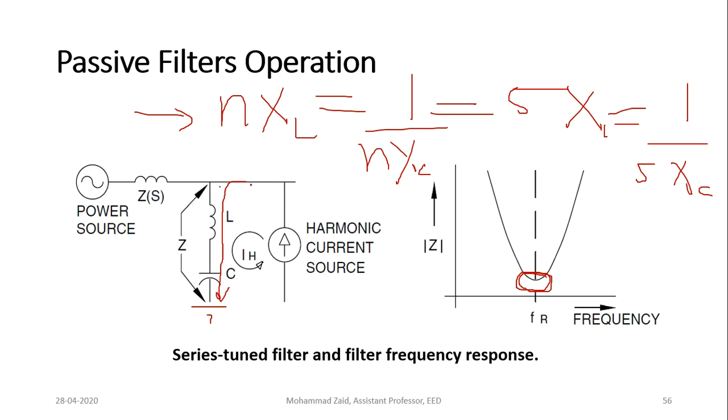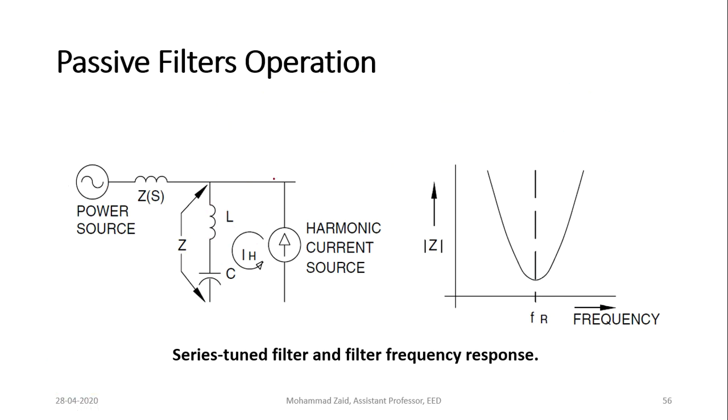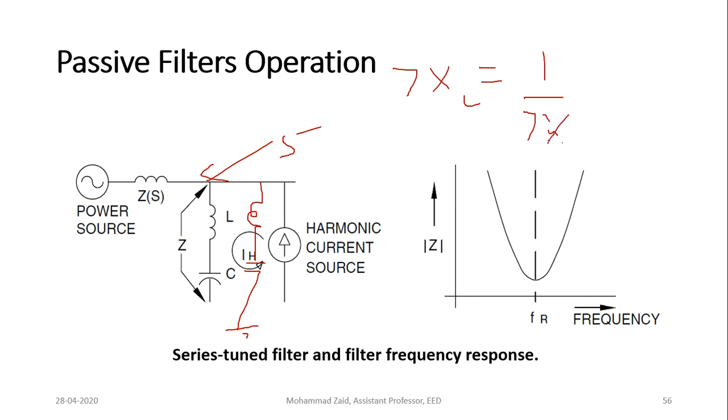Now obviously, L and C values cannot be changed every time. So suppose this branch is for fifth, then for seventh you can add another branch of L and C. So for seventh it will have this formula, that 7 times XL is equal to 1 over 7 times XC.